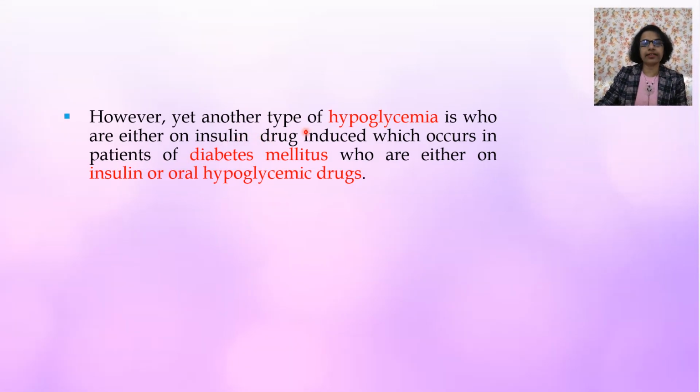Another type of hypoglycemia is drug induced, which occurs in patients with diabetes mellitus who are on insulin or oral hypoglycemic drugs. For example, a patient is regularly receiving insulin therapy, but is not monitoring his blood glucose level and keeps receiving insulin injectables or oral hypoglycemic drugs.